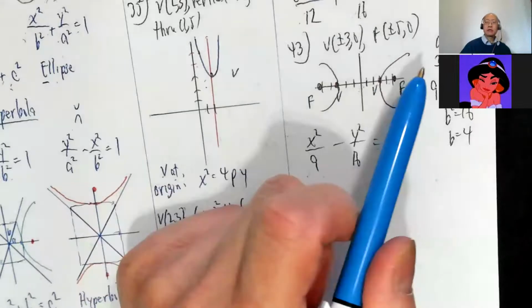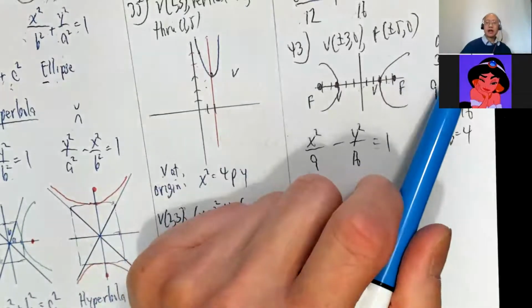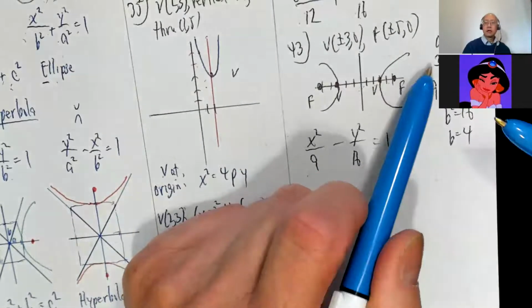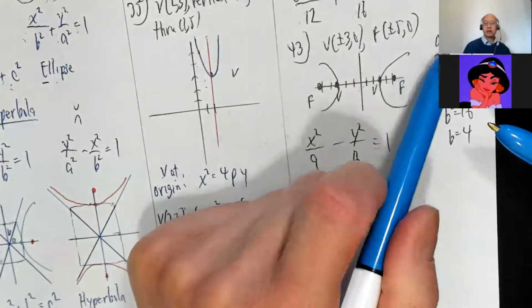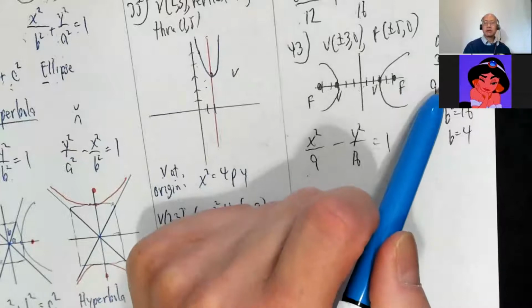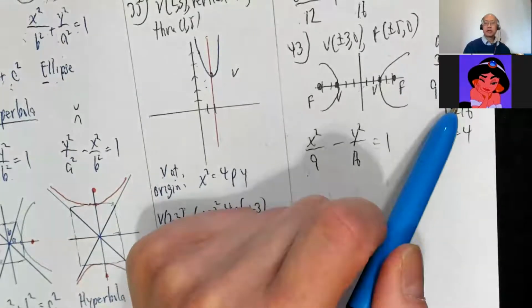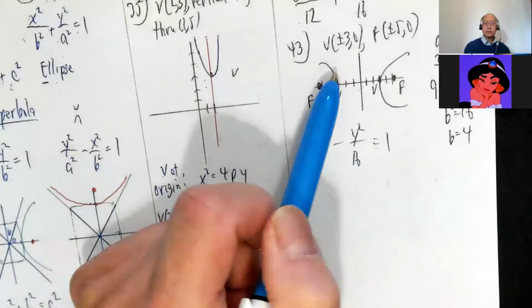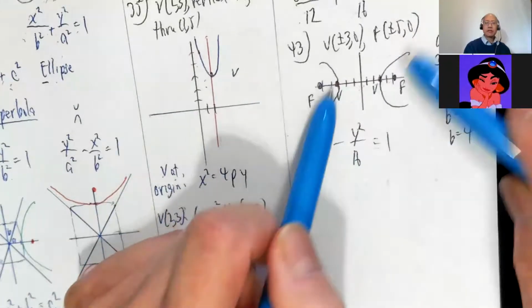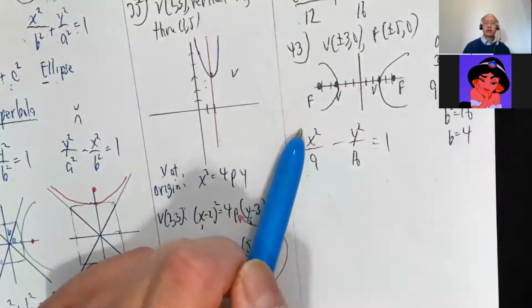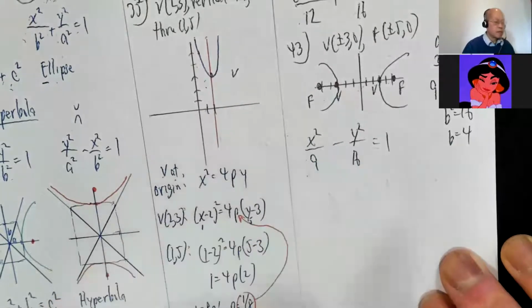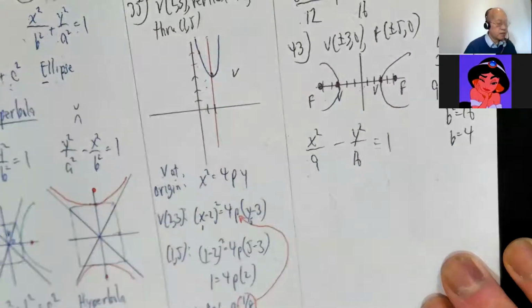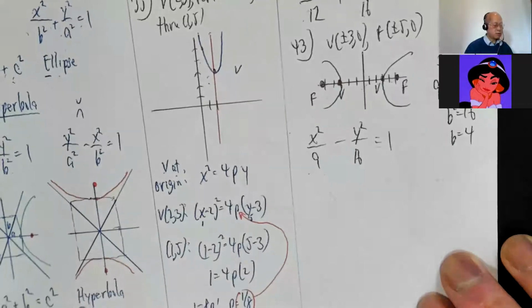All right, so a is 3, c is 5 for the hyperbola. b is 4, it's a 3, 4, 5. a squared plus b squared equals c squared. 9 plus b squared equals 25. b squared is 16, b is 4. It's going left and right, that means I know x is first. So x squared over 9 minus y squared over 16 equals 1 is the equation of my hyperbola.